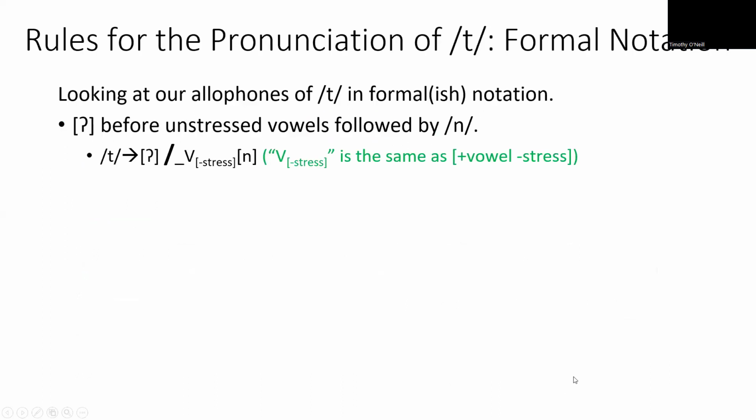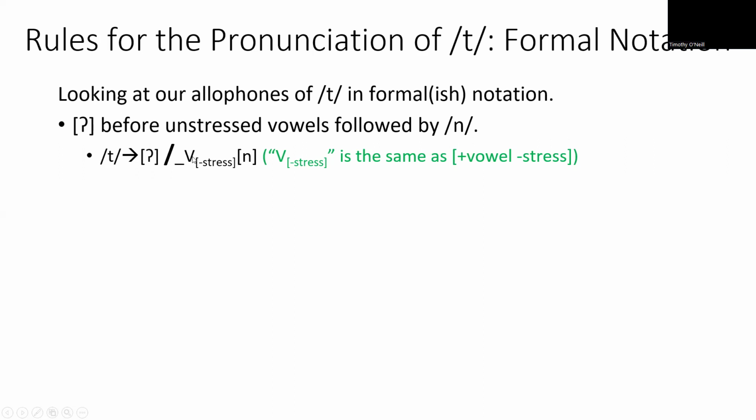So let's look at some rules for these distributions we talked about. So T is pronounced as a glottal stop before unstressed vowels followed by N. So to write that, we have a T as the phoneme in slashes, the arrow to say we're talking about the pronunciation, and then the glottal stop in brackets. Now we're going to talk about the environment.